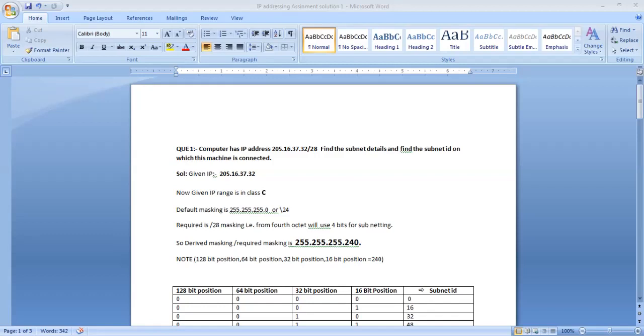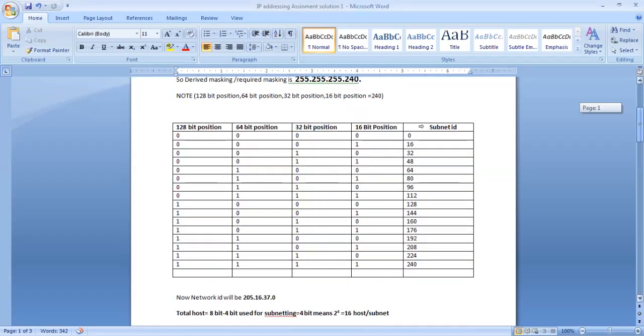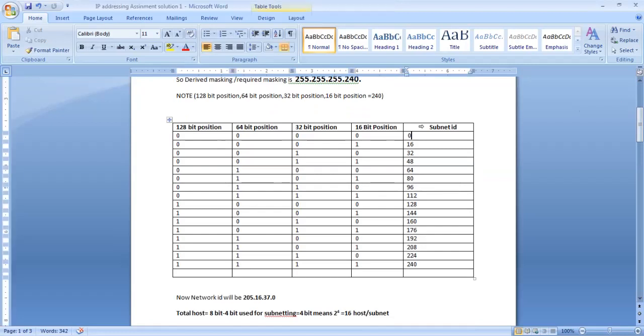Now, with this combination, we will generate the subnet IDs. With the help of 4 bits, a total of 16 combinations are possible. Start with 0000, that is nothing but 0. This is my first subnet address. Next is 0001, from the 16 bit position, that's why it is 16. Next is 0010, where the 32 bit position is present, so it will be 32.